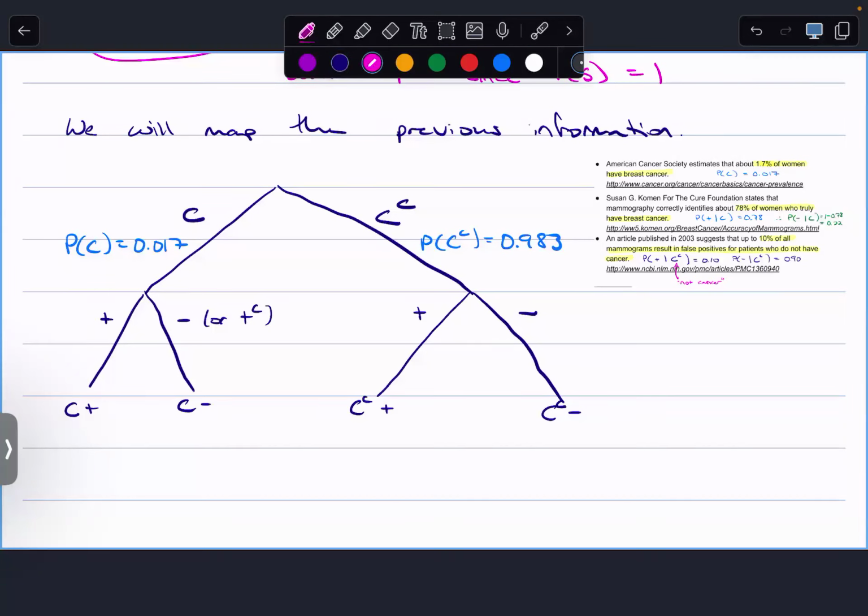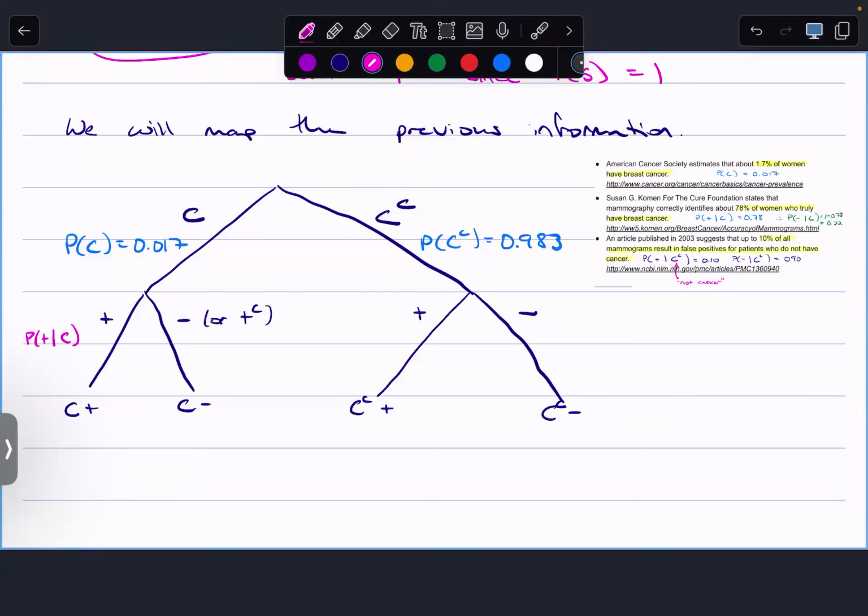Now, we were given the probability of testing positive, given that they came down the cancer branch, right? Which is nice because that's the only information that we have. We don't have the probability of testing positive yet. We have to find it overall.